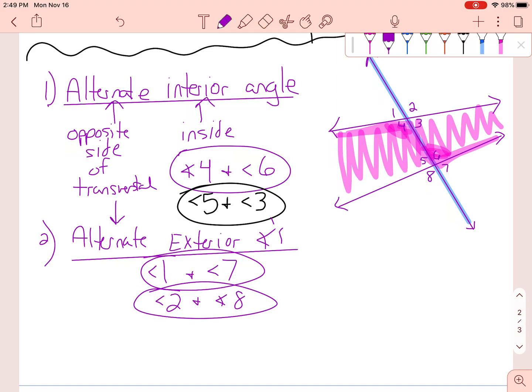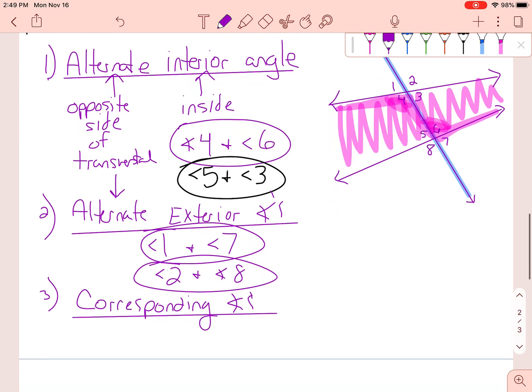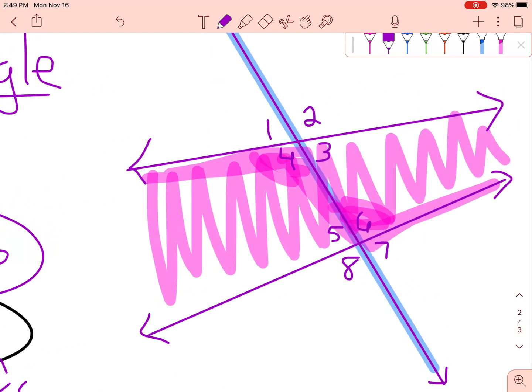Then the third type of angle that we're going to be talking about is called corresponding angles. Corresponding angles just means the same location. And this is what I mean by that.